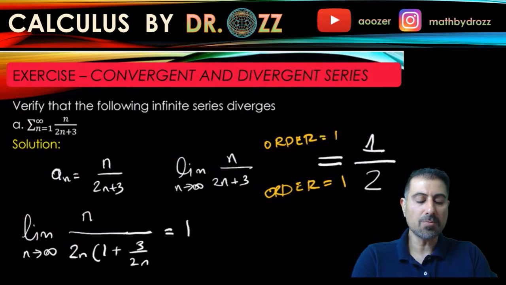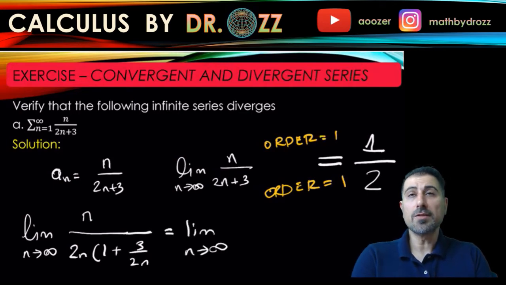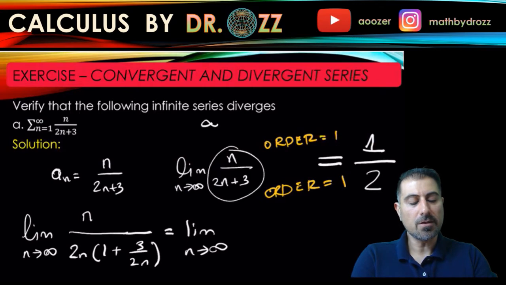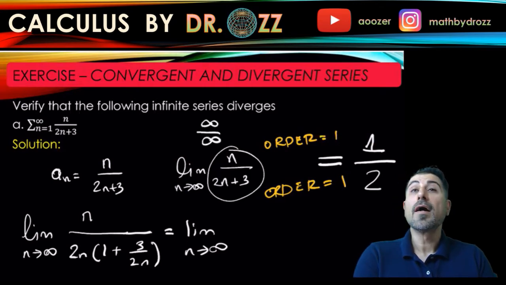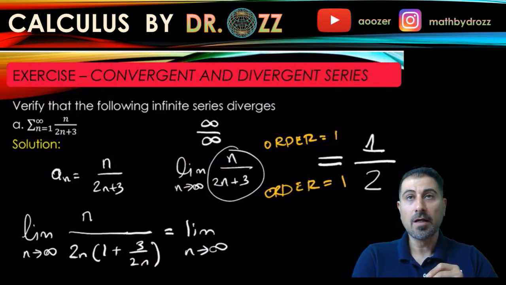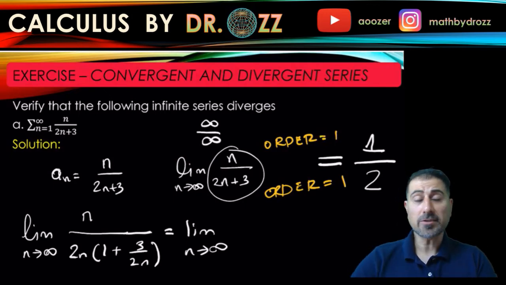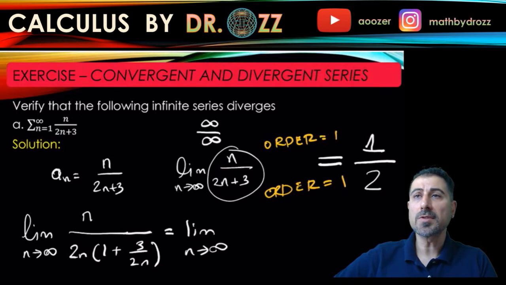This allows me to get rid of the infinity over infinity type indeterminacy, because originally I have infinity over infinity. This is one of the ways to handle infinity over infinity: factoring out the highest order term from the top and the bottom.